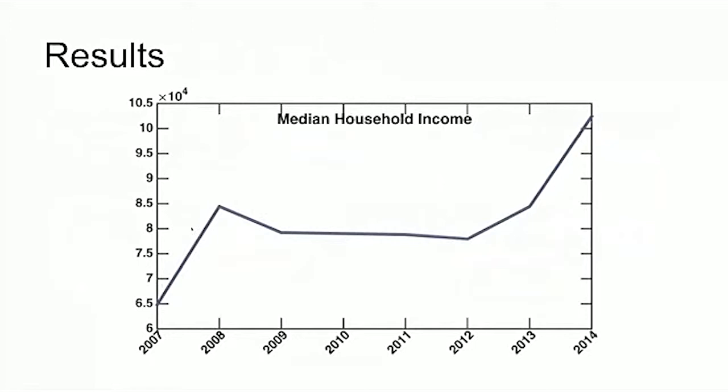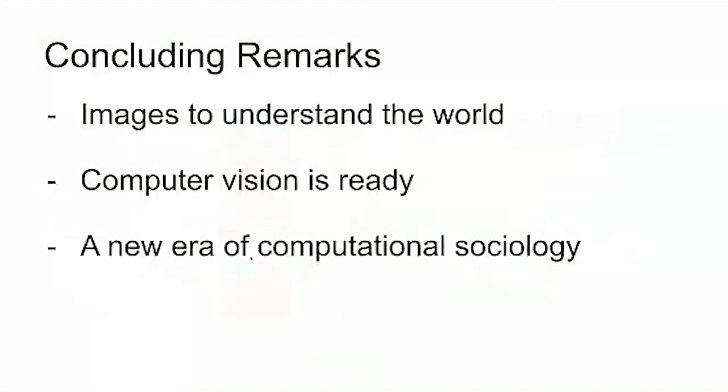We did this just for the whole city, and income levels dropped around 2009, and then they started going back up. We think the recession kind of starts here. This is very experimental. We haven't published this yet. This is the kind of stuff that we're doing now, just to see if we can actually apply this to predicting things in the future before data is available.